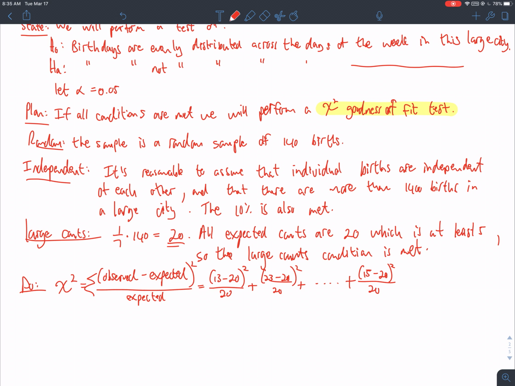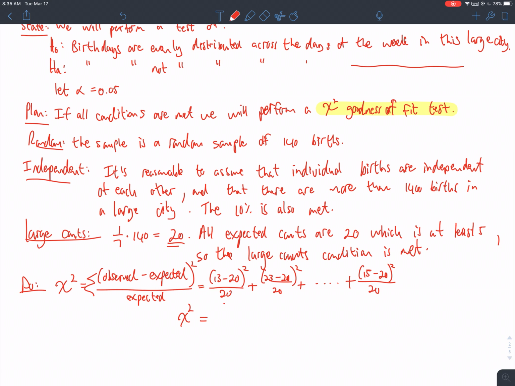Now, let's see what happens. Equals. Okay, and you should just get the statistic from this. So we should go do this in our calculator and see what we get. Okay, so you do the test in your calculator, and I'll have to make a separate video for you about how to do this test in your calculator.